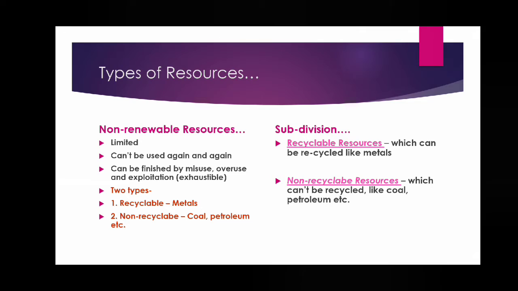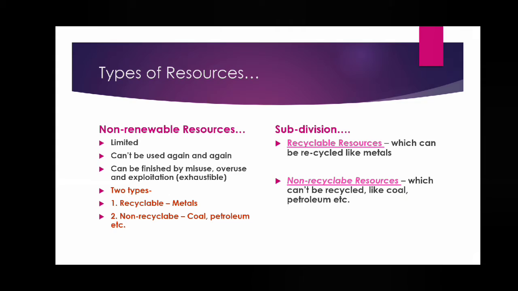Who are they? Recyclable, that means there are some non-renewable resources which can be recycled. Recycle means that you have iron made things, and you have decided that this iron made thing does not look good, so you decide to convert it into a new shape. That is called recyclable.